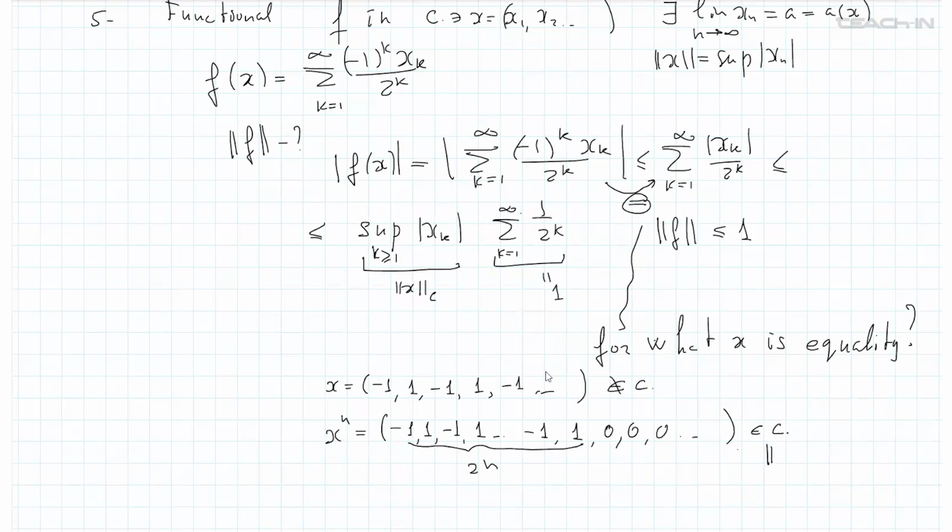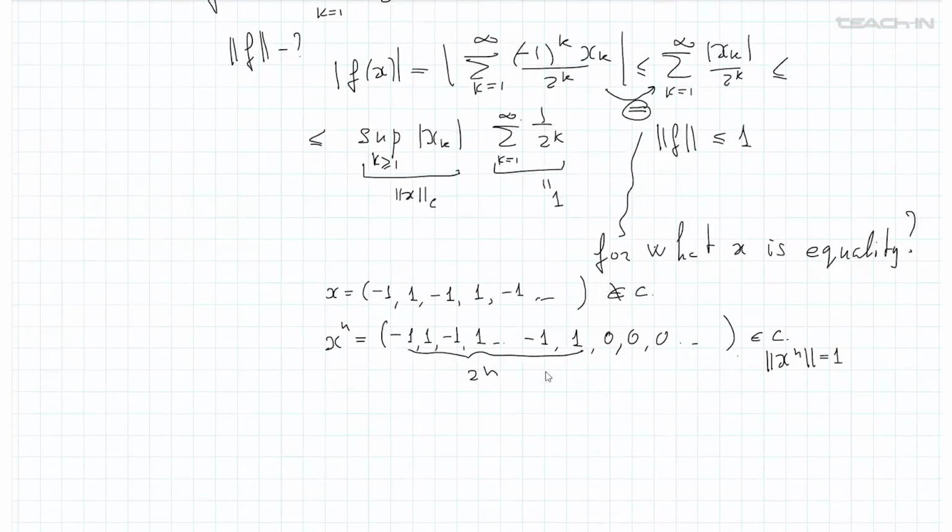Of course, the norm of this element is 1, and the value of our functional on this sequence equals what? The sum from k equals 1 to n of 1 over 2^k. Yes?